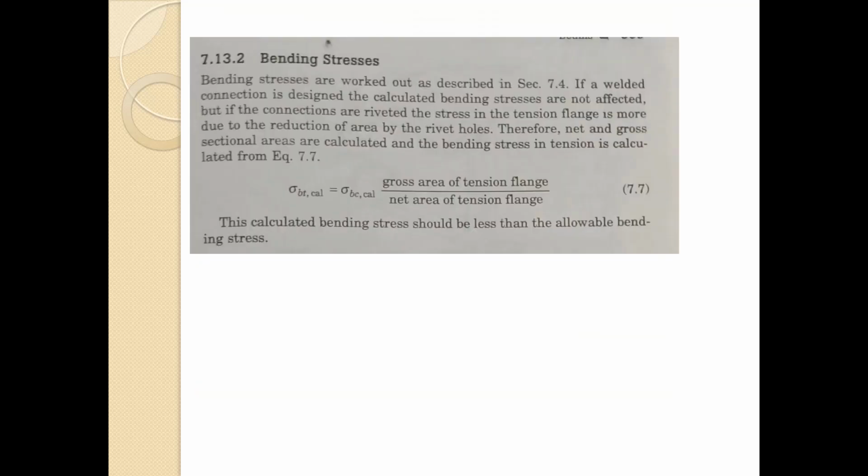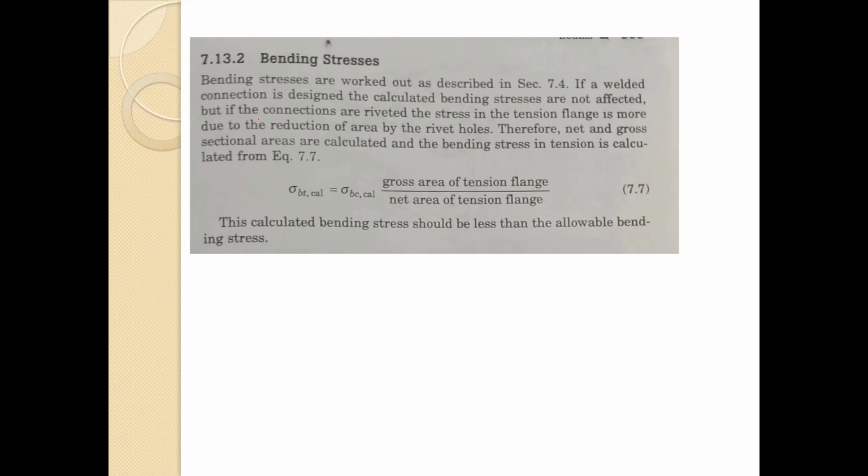Now the bending stresses in these kinds of sections. The bending stresses are calculated as we have already learned, in the case of laterally supported and unsupported beams. If the welded connection is designed, the calculated bending stresses are not affected.